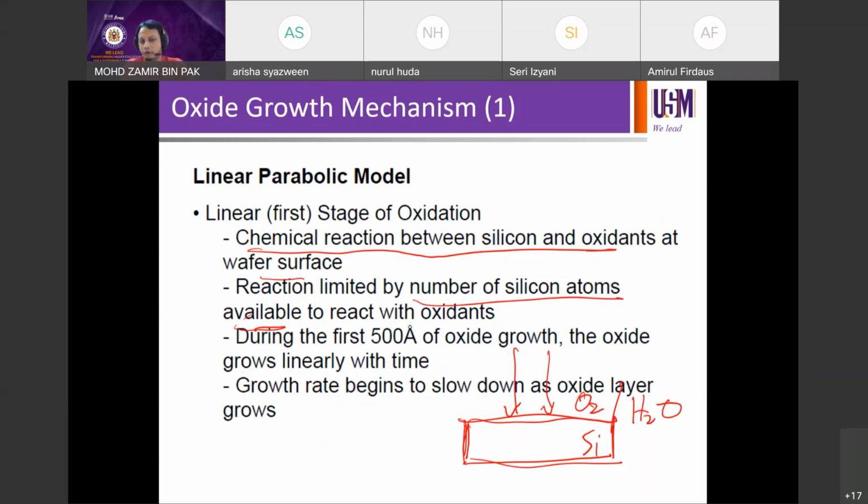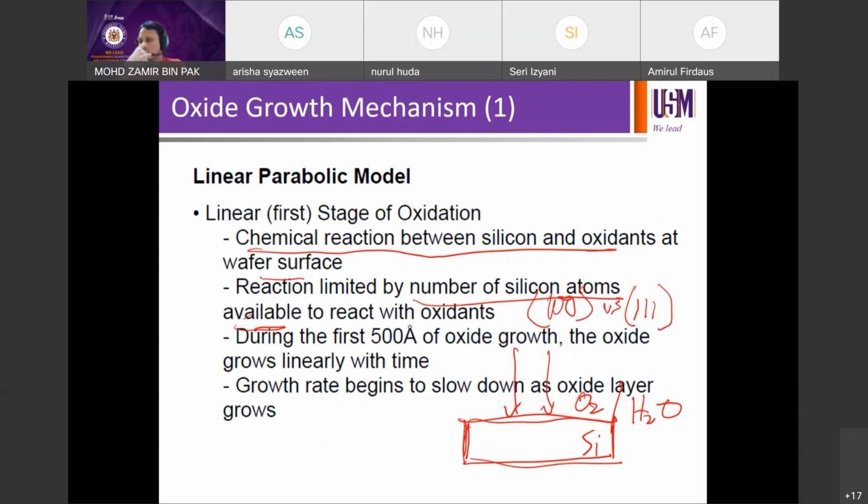So we'll see later on that you will get different growth rates for 100 silicon in comparison to 111 silicon. So let's make a guess now.